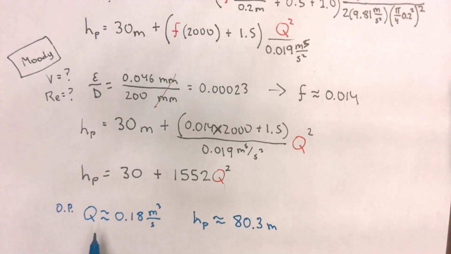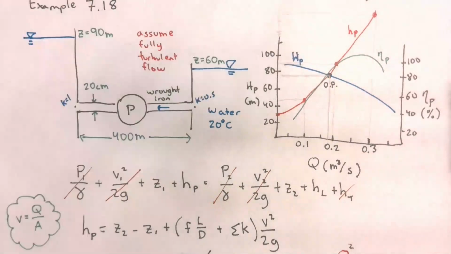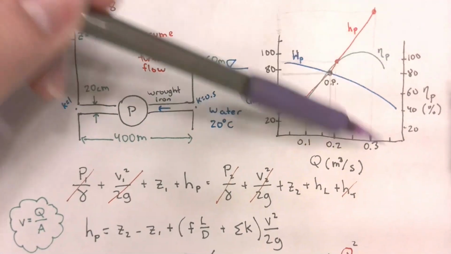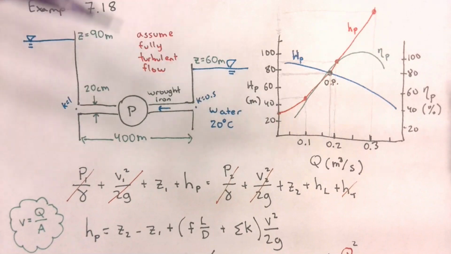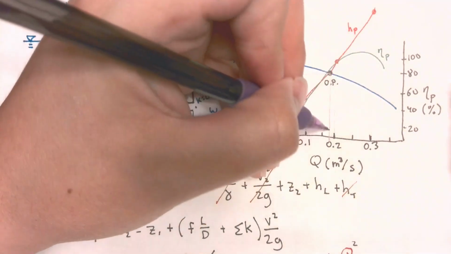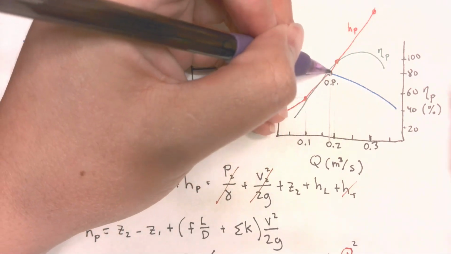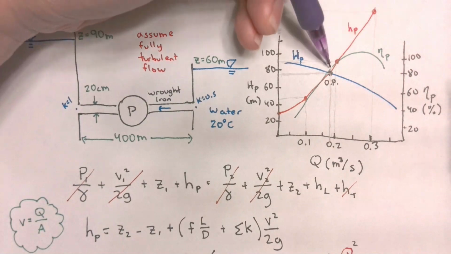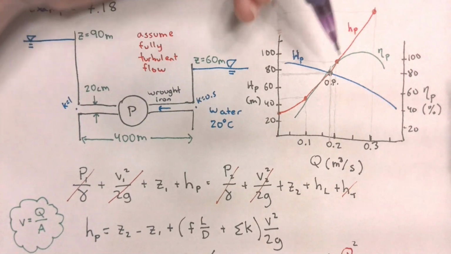After we find the operating flow rate and the operating pump head, we can actually find the efficiency. Now, how do we do that? This green curve is the efficiency curve. It relates the efficiency, which is on the right y-axis, to a given flow rate. So if we already have our flow rate of 0.18, all we have to do is find out where this flow rate intersects with the efficiency curve, which is a little bit above my operating point, so somewhere around here.